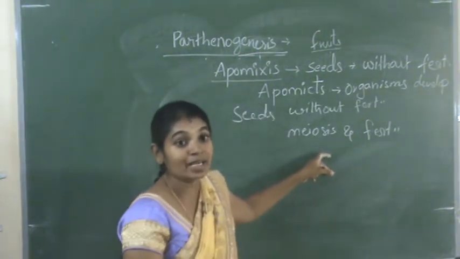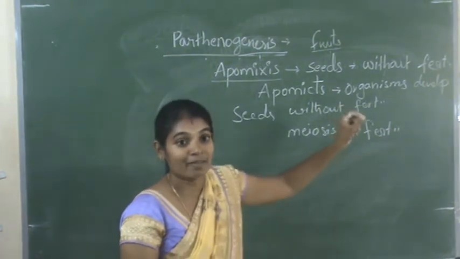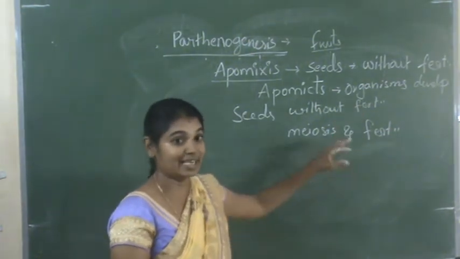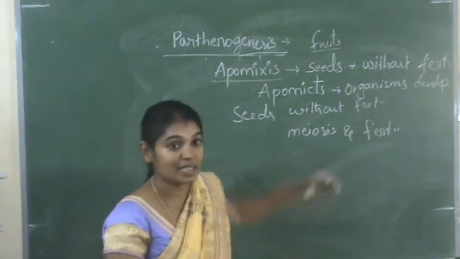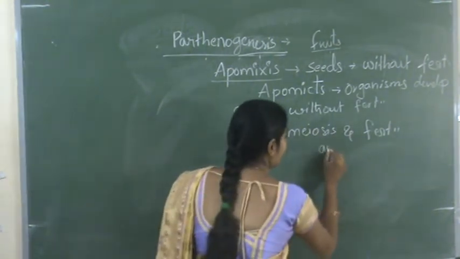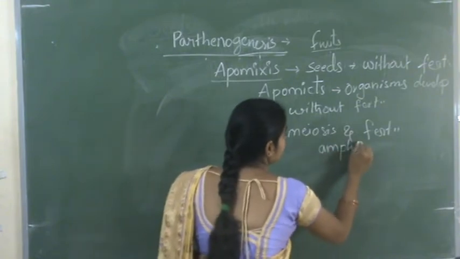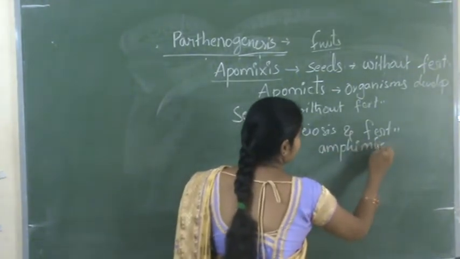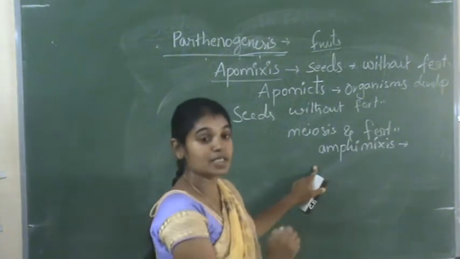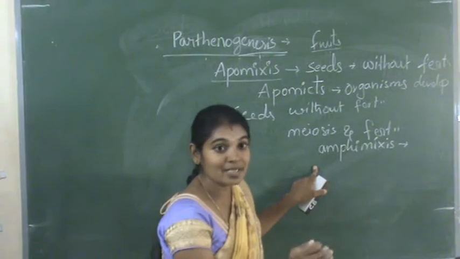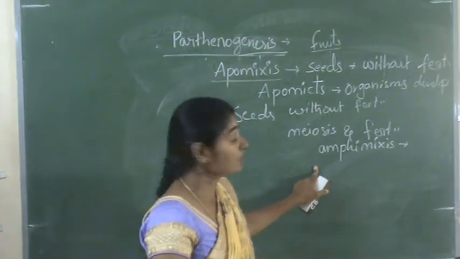These two are involved in the normal development of seeds with fertilization. This process is known as amphimixis. So amphimixis is the process of developing seeds with fertilization.